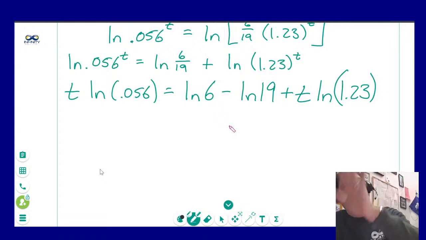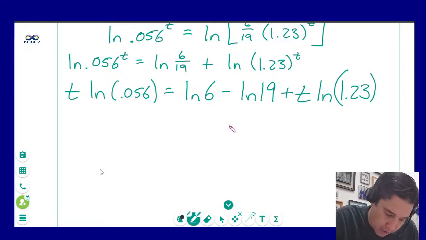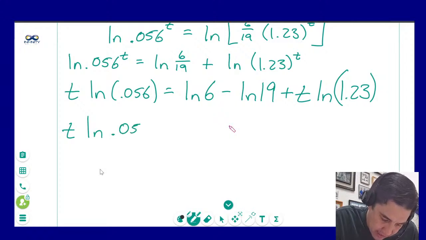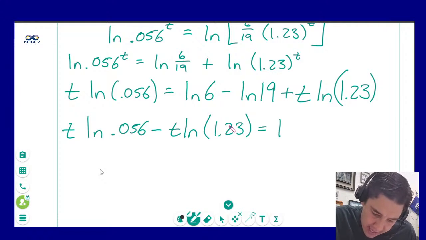Now, I want to bring all the variables to one side and all the constants to the other. So here I have t ln of 0.056 minus t ln of 1.23 equals ln of 6 minus ln of 19.